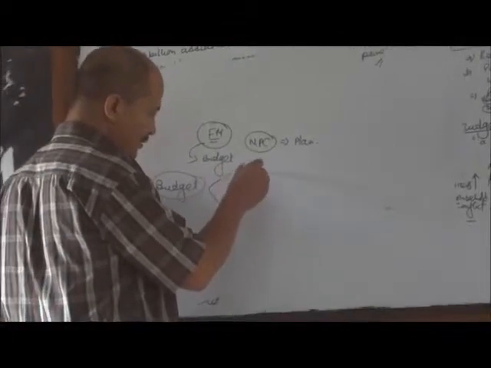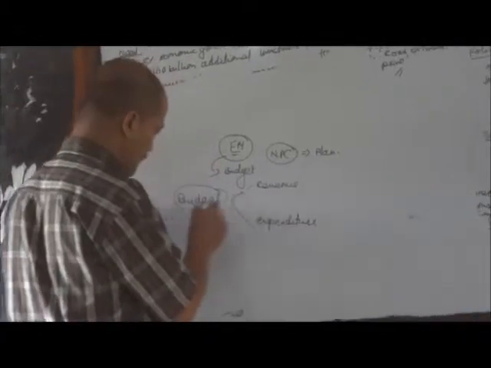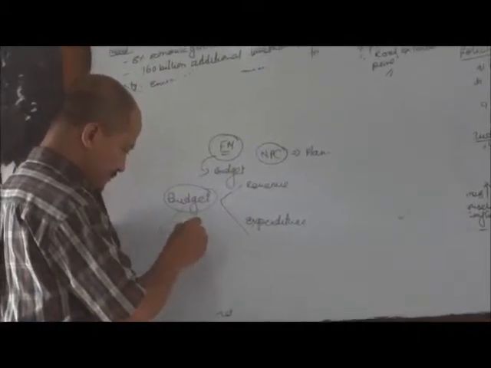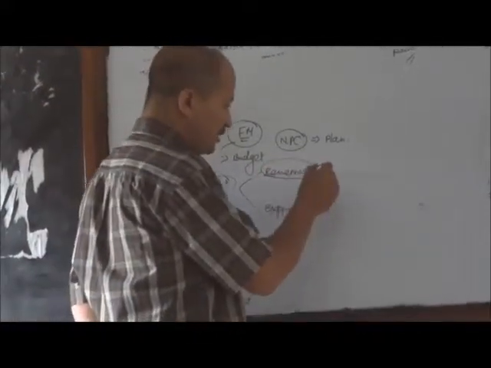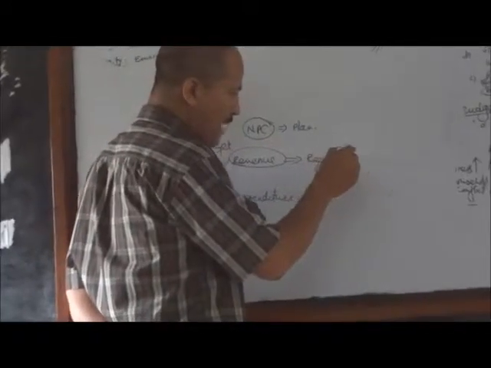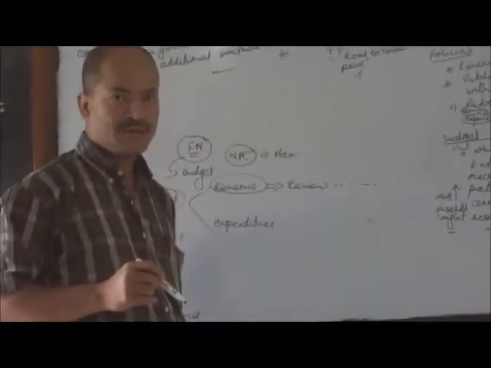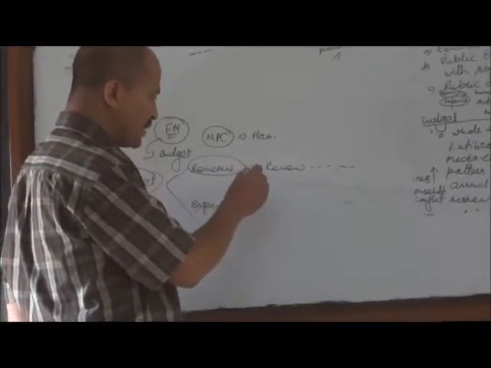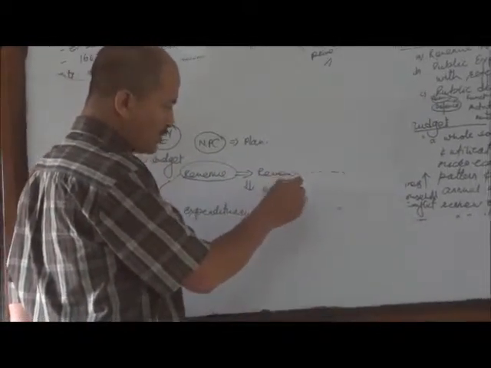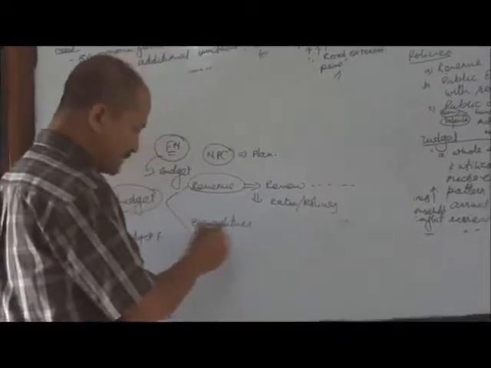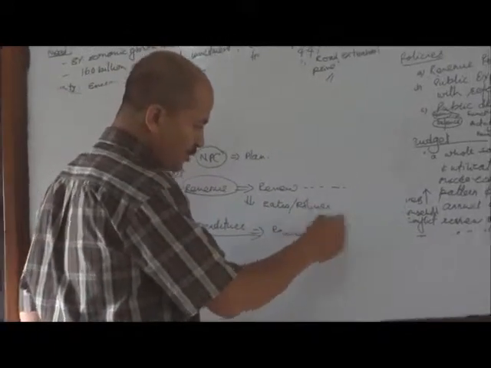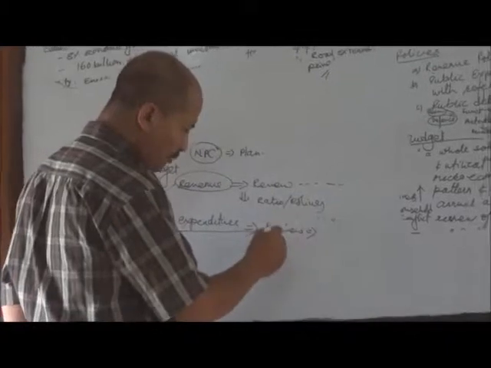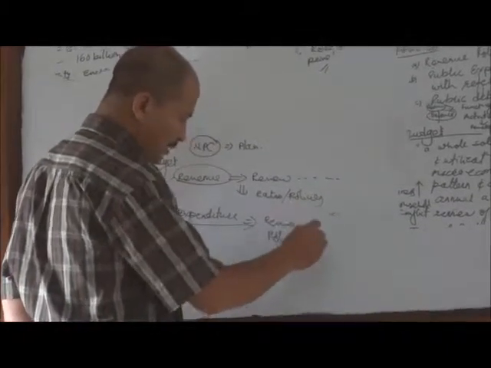The revenue committee reviews all the past revenue policies and rates, and then suggests the rates and policies. The expenditure committee also reviews and provides information on the policies and allocation.